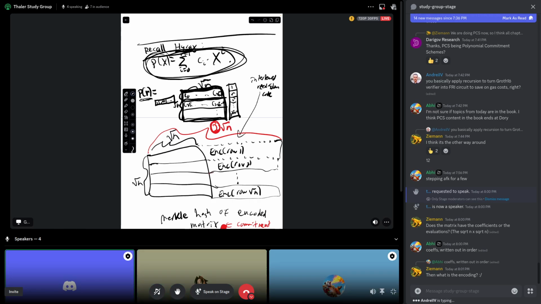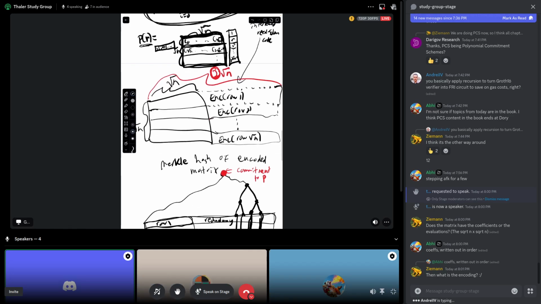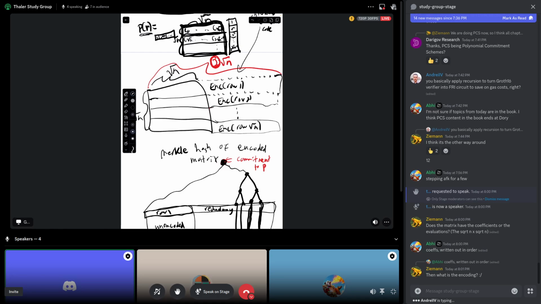And so, why intuitively is the error correcting code coming in? Because without homomorphism of the commitment procedure, the verifier is only ever going to be able to inspect a very small fraction of what is inside this Merkle hash, this root.